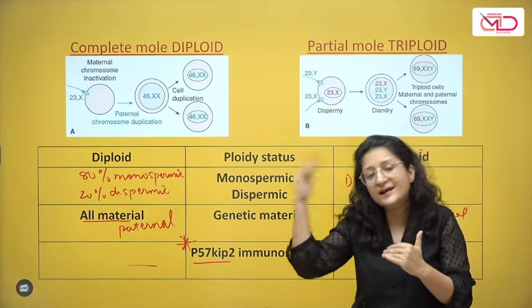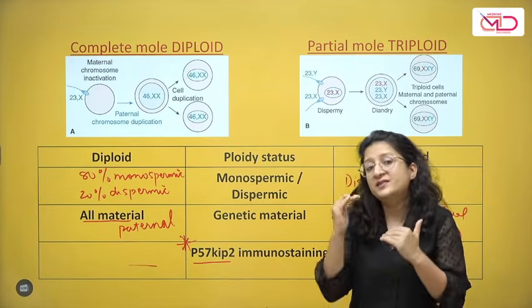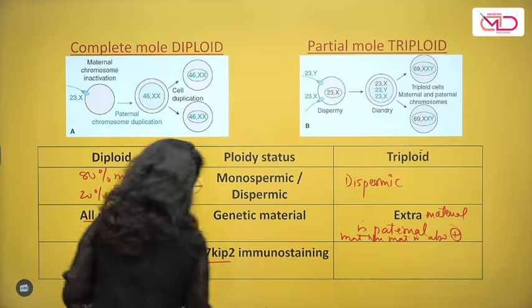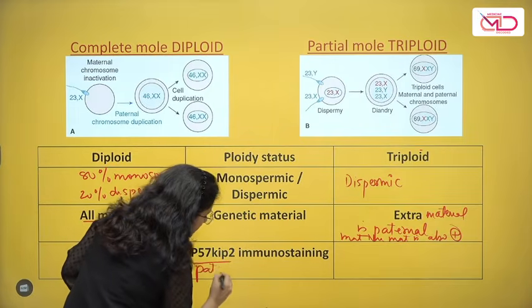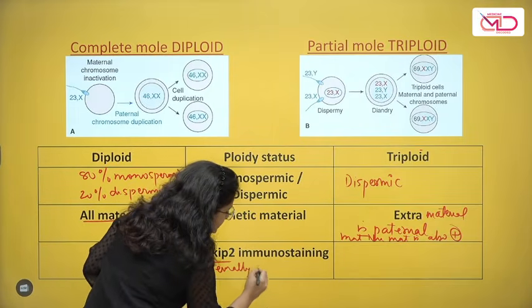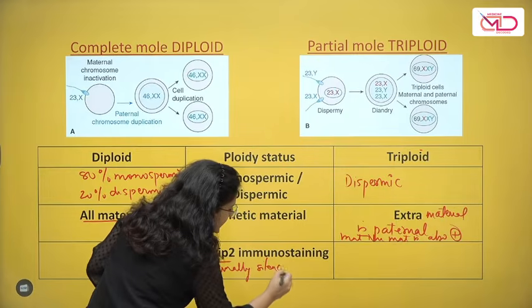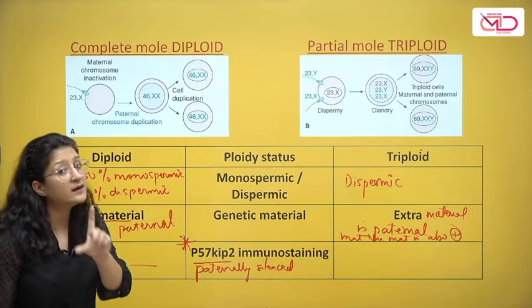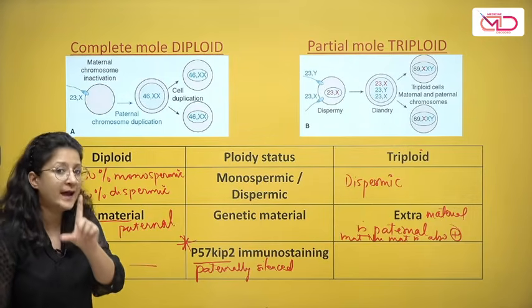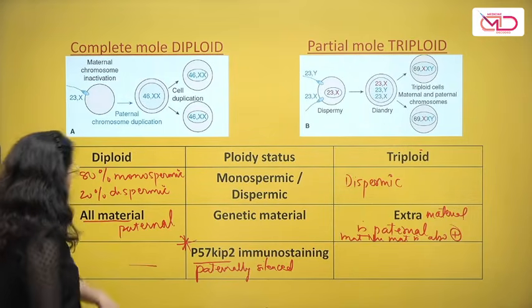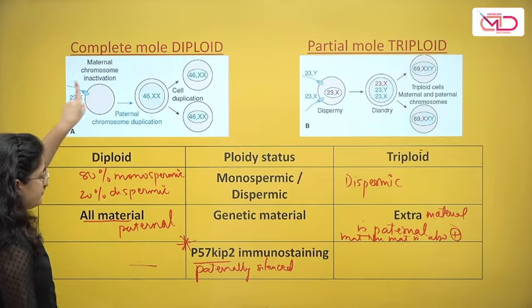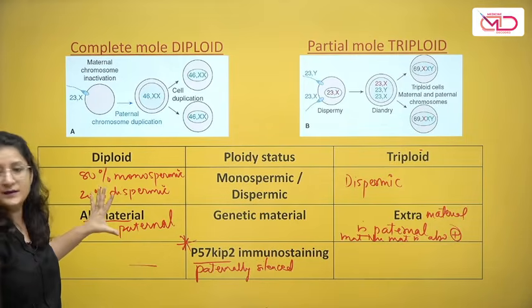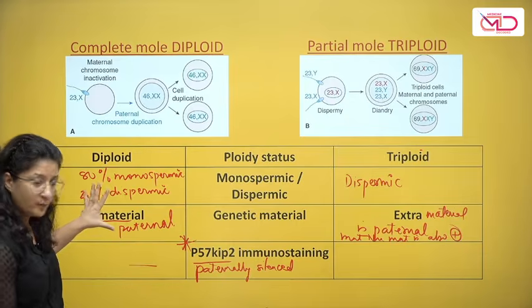So what we inherit maternally, that is expressed. That means it is only expressed by the maternally inherited component. Now, this complete mole has no maternal genetic component.